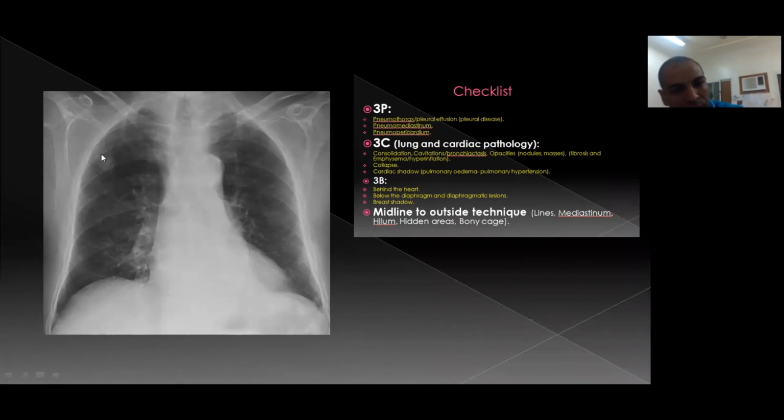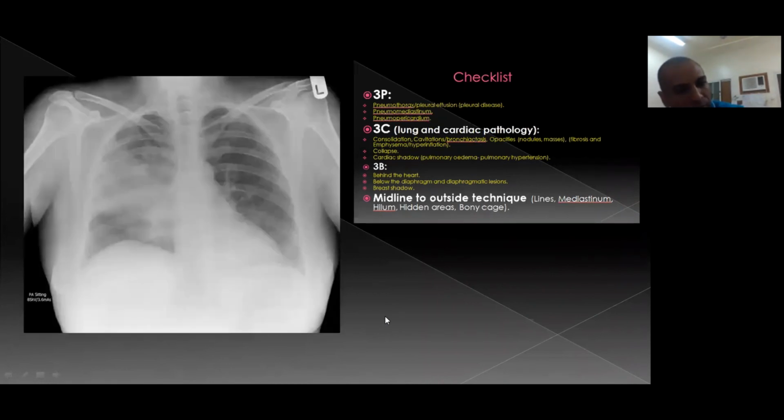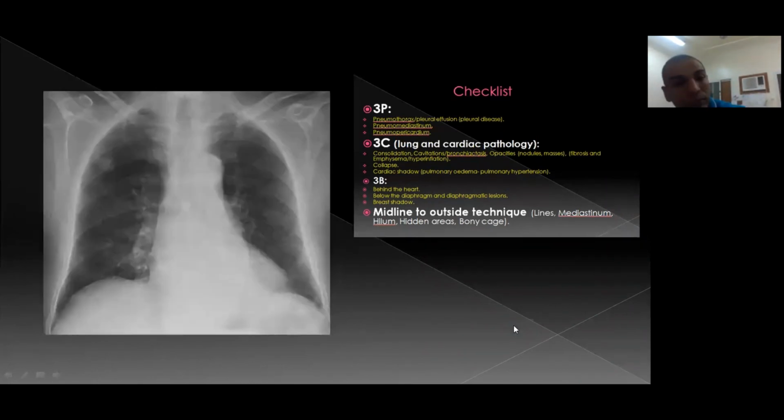By the way, this was confirmed as bronchogenic carcinoma. So you should go point by point. Don't forget any point. Well done, Dr. Ali. Thank you so much. Sorry, Dr. Muhammad, can you come again? We did not hear you. Yes, you are right, well done.